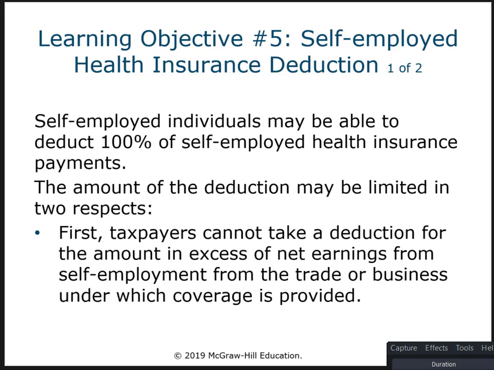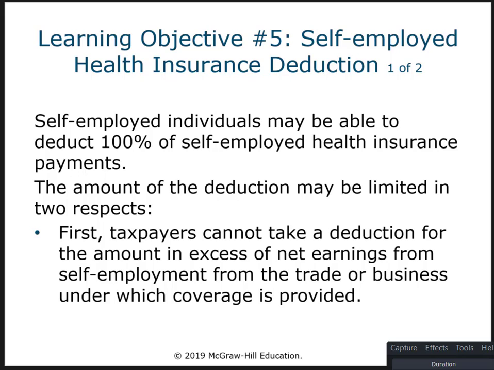Speaking of self-employed individuals, there is also a deduction for AGI for your health insurance. If you have no other health insurance with an employer, then you may be able to deduct the amount you pay for health insurance for you or your family as a for-AGI deduction.